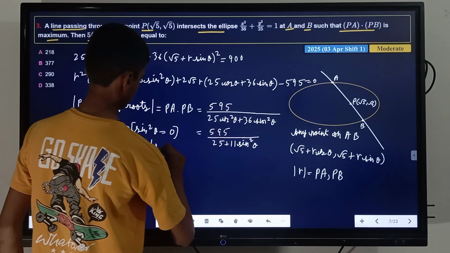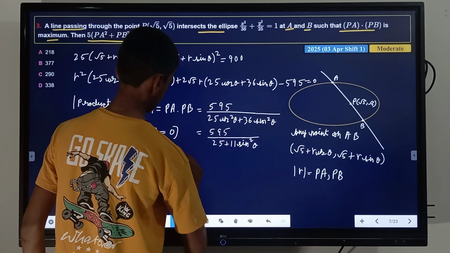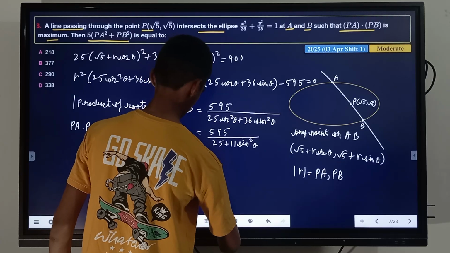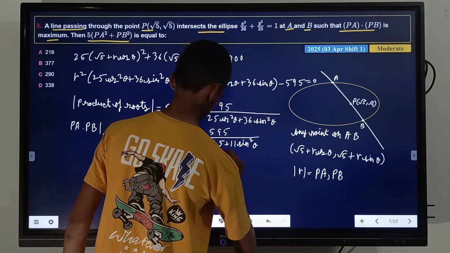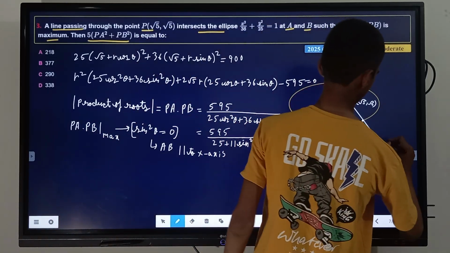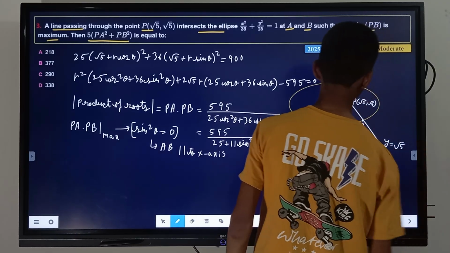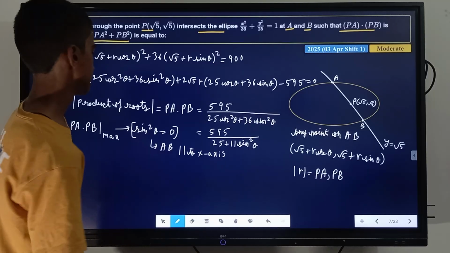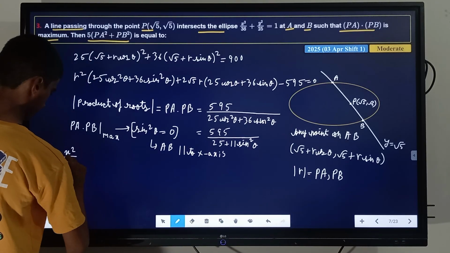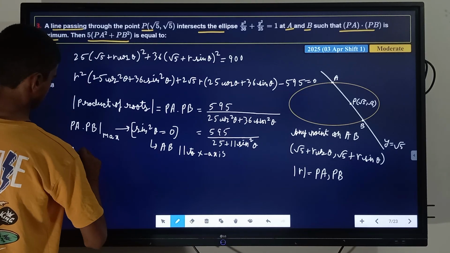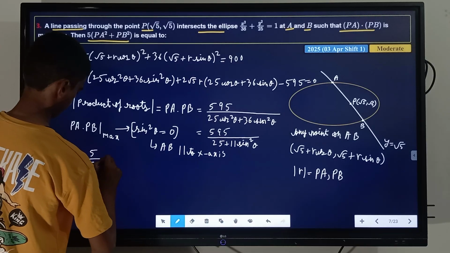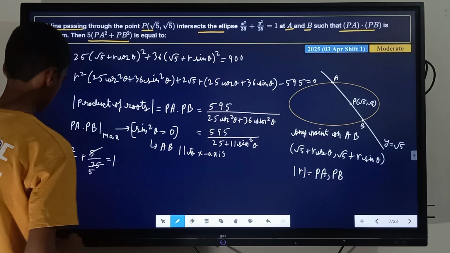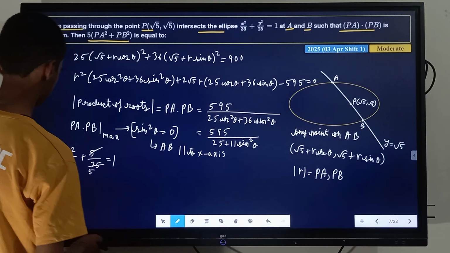We can say that AB is parallel to x axis. From here our AB will be simply y is equal to root 5. Putting y is equal to root 5 in the ellipse, we will get x square upon 36 plus 5 upon 25 is equal to 1. 5 will cancel 25 as 5. 36 into 4 upon 5.